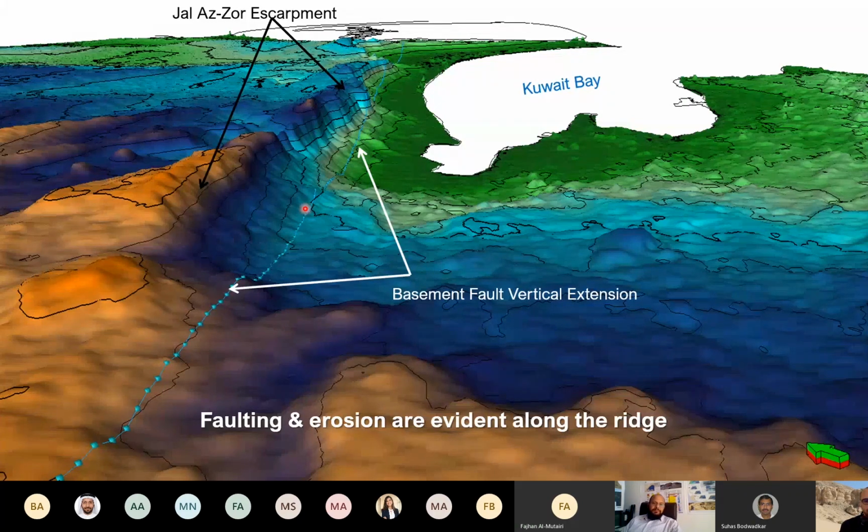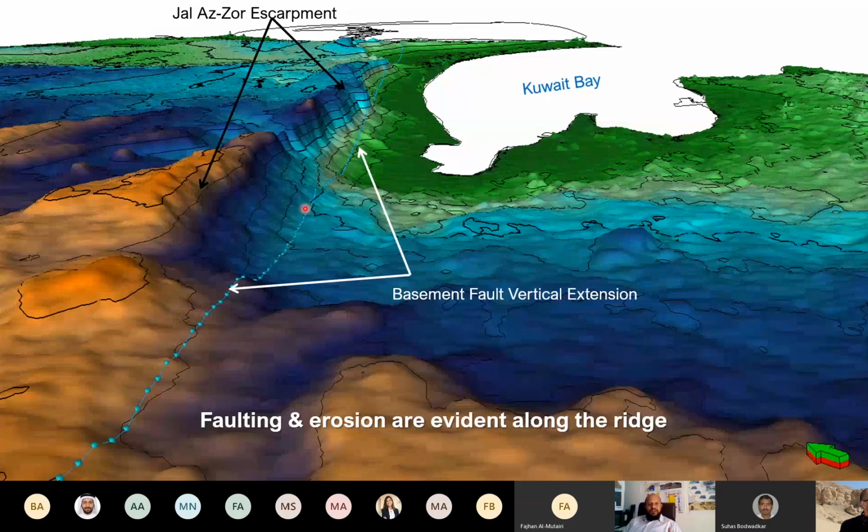So here, basically, we could see that the escarpment is more or less situated at the fault plane. There have been some publications before saying that the Jal Az-Zor fault has eroded, starting from the middle of Kuwait Bay all the way to its present position. Obviously, the newly acquired data does not support this.